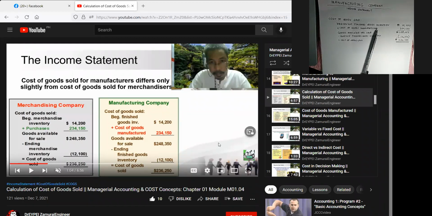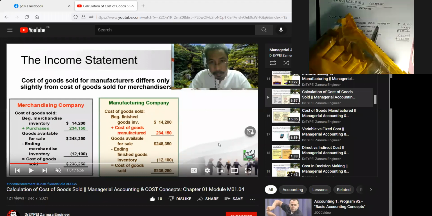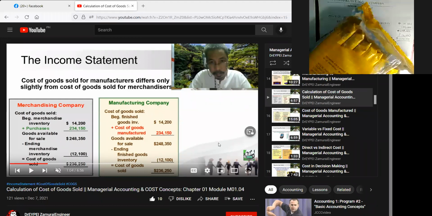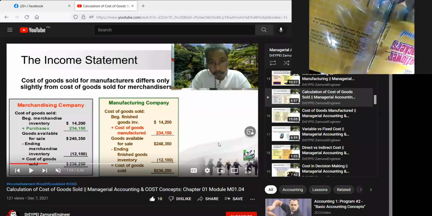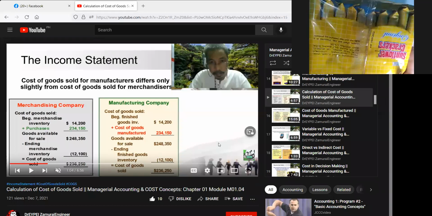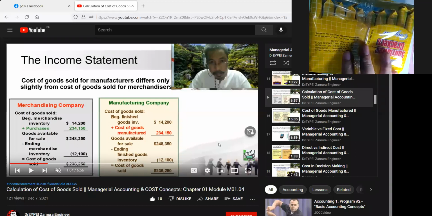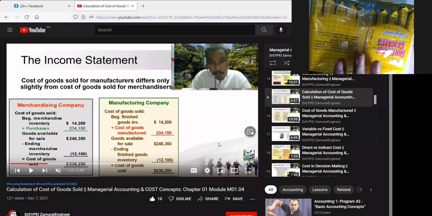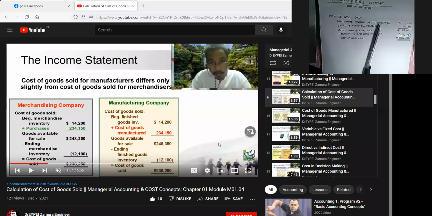There are merchandising businesses that do not need packaging. For example, if you buy, wholesale, one carton of crackers, you don't need anything.